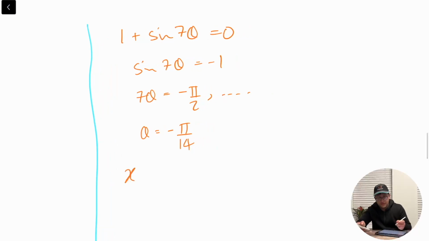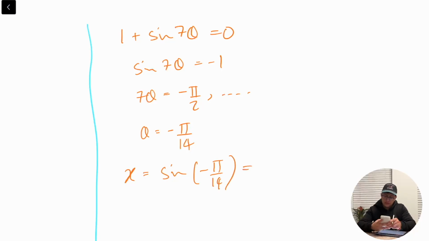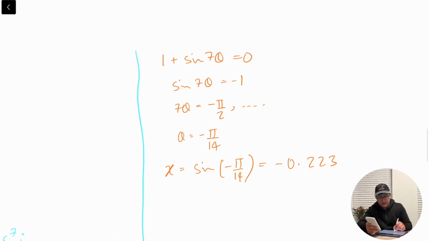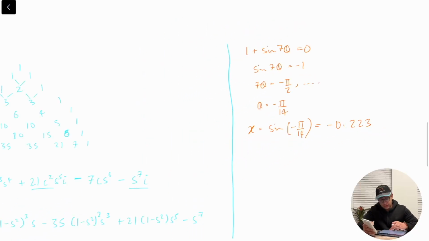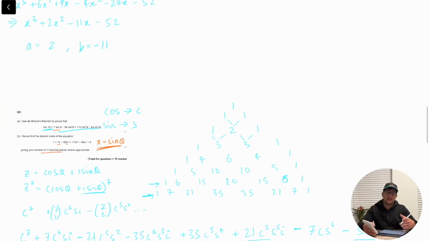So the first solution for x is going to be x equals sine of minus pi over 14, which is equal to minus 0.223, because it's set to 3 decimal places. And obviously you do this for all 7 roots, because there's going to be 7 roots as it is to the power of 7. But yeah, in simple terms, that's how you do part B.